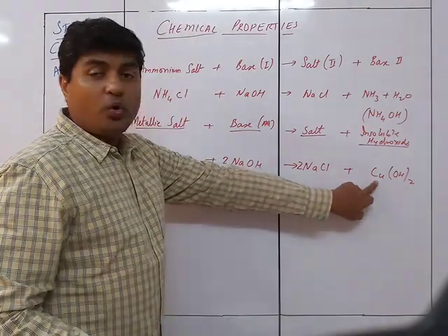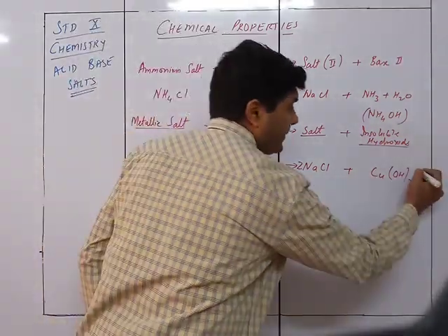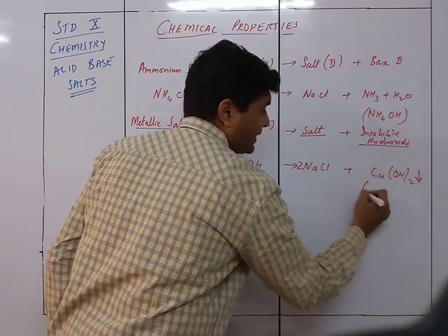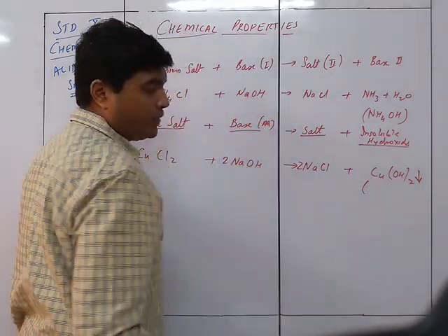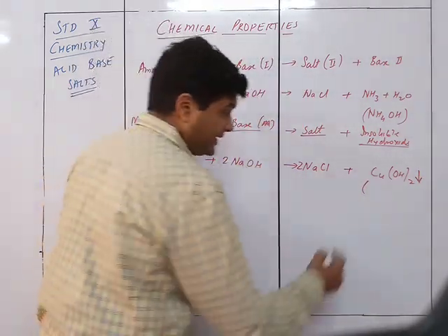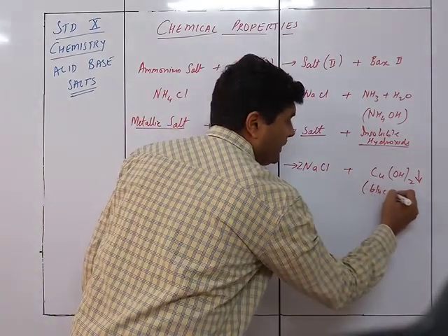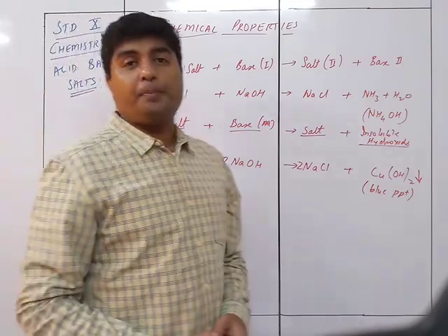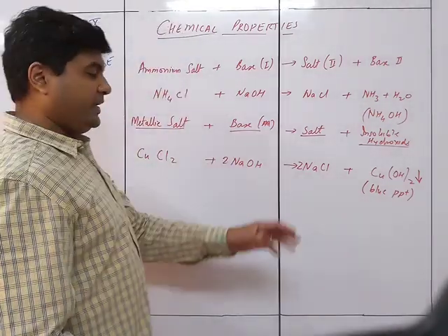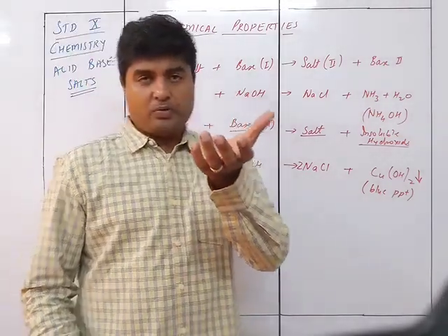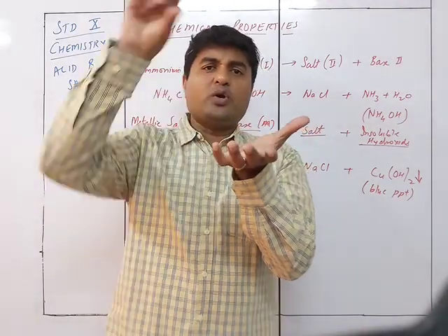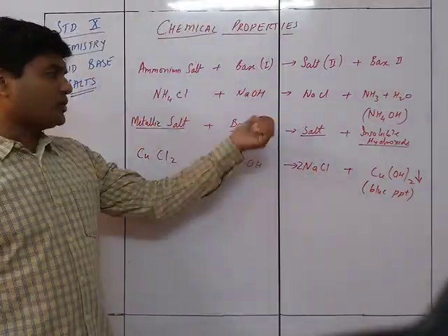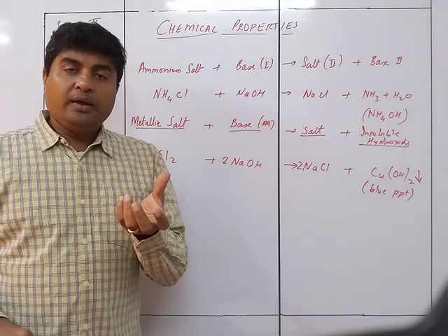Cu(OH)2 is a precipitate, and the color of this precipitate is blue. So that is a blue PPT. This is the identification for copper. So I have some salt with me, and I pour some aqueous NaOH solution into that salt.